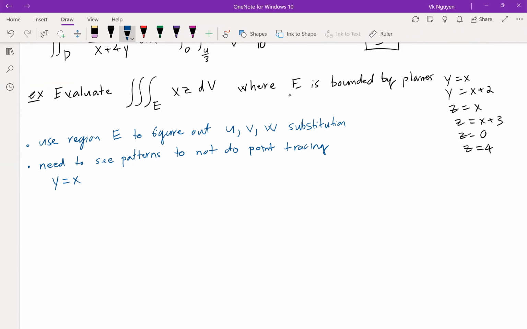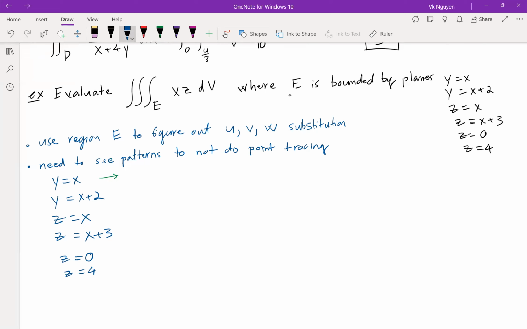y equals x, y equals x plus 2. z equals x, z equals x plus 3. z equals 0, z equals 4. The trick here is that you can solve for this.